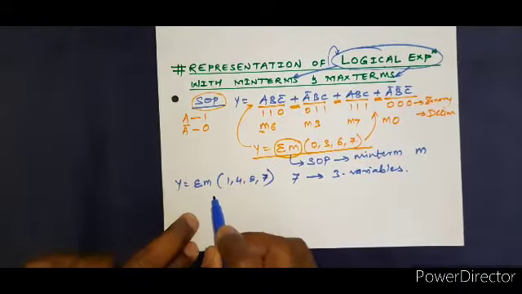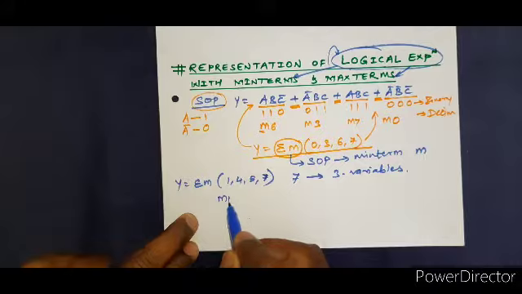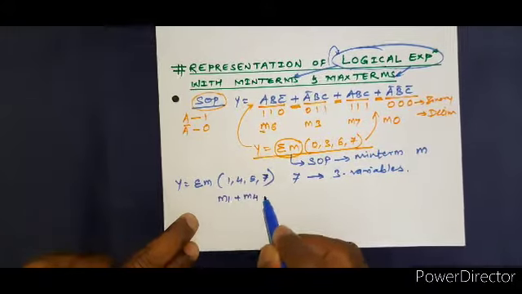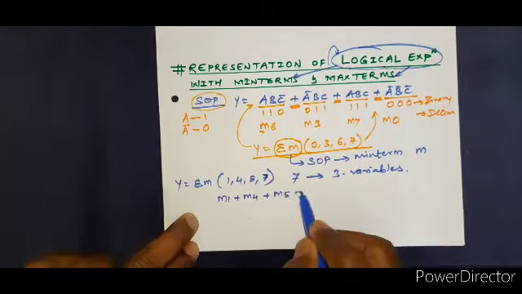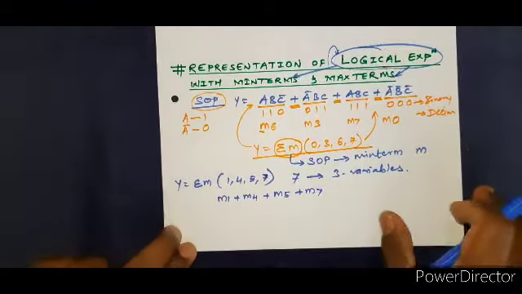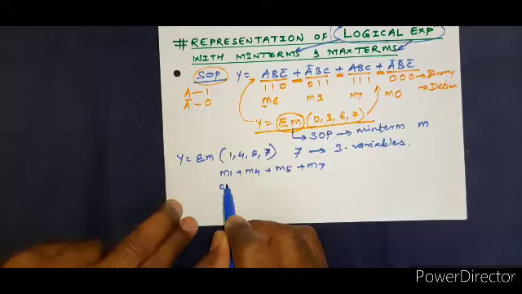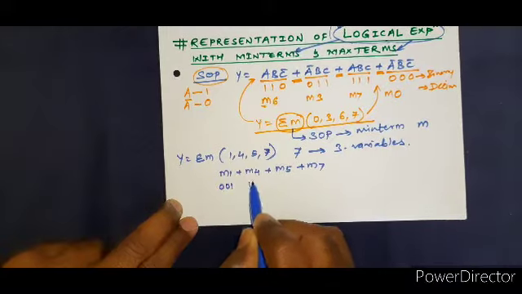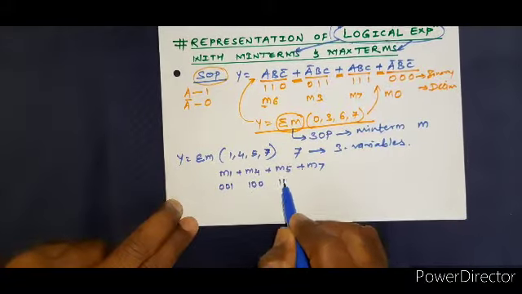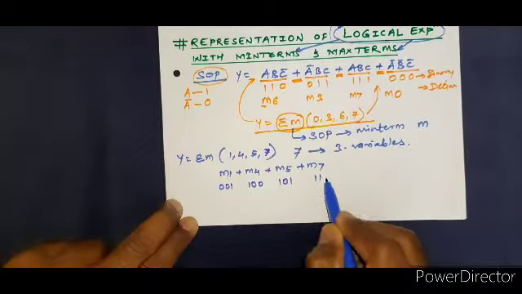So here I have m1 plus m4 plus m5 plus m7. Now 1 means 001, 4 means 100, 5 means 101, 7 means 111.